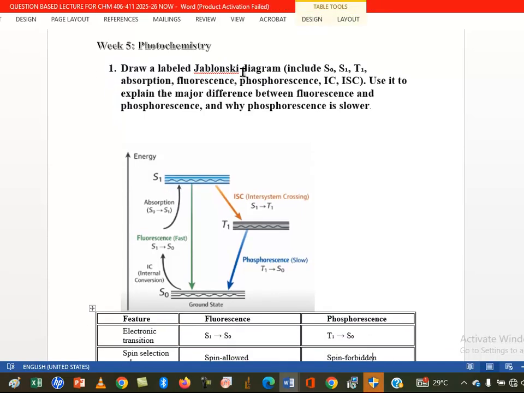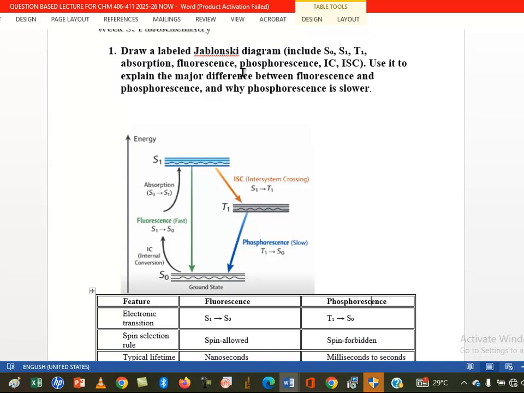When you consider this, you have S0, the ground state. When it absorbs light, you have excitation to S1, that is via absorption.